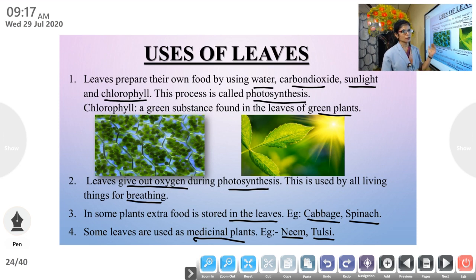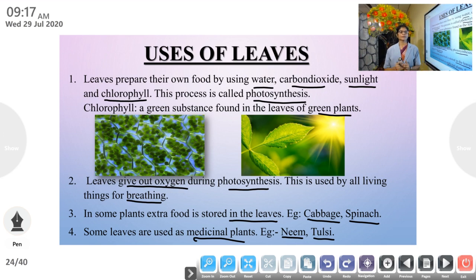What is the next use? Leaves give out oxygen during photosynthesis, and this is used by all living things to breathe. I told you that we, human beings, animals, birds, etc. are all using oxygen for breathing. From where do we get this oxygen? Leaves give out oxygen during photosynthesis. Then in some plants, extra food is stored in the leaves.